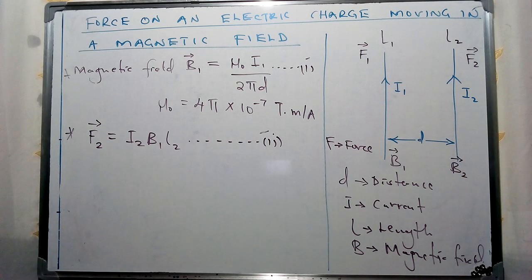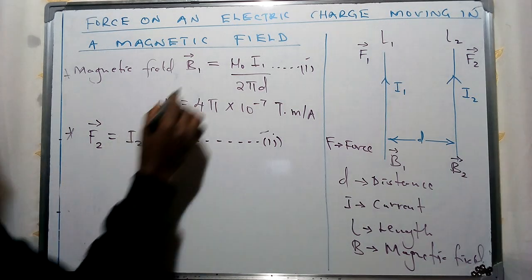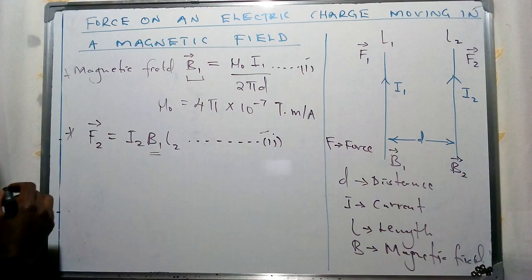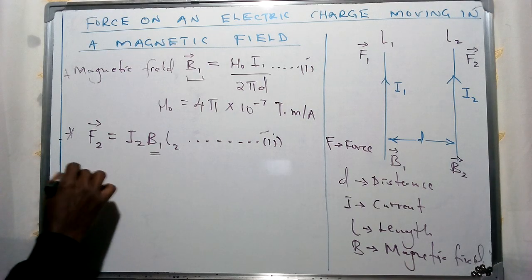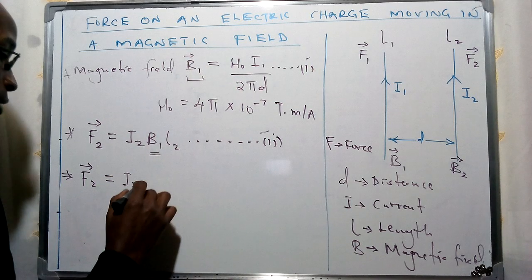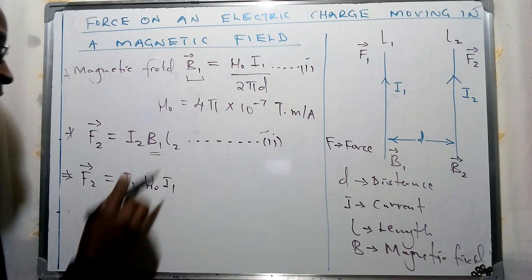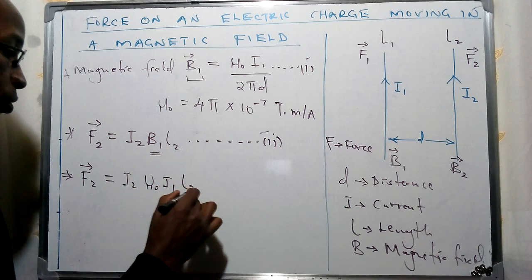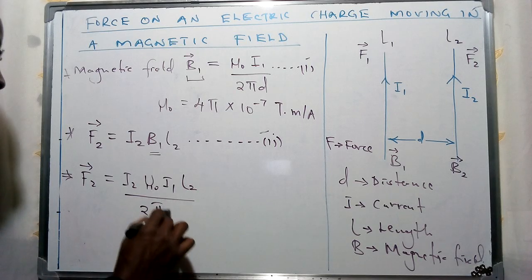Of course, in this particular equation we have the notation for B1, and therefore we can do a substitution, which is going to give us I2. And for B1, we are going to have mu naught I1, and then L2 divided by 2 pi d.